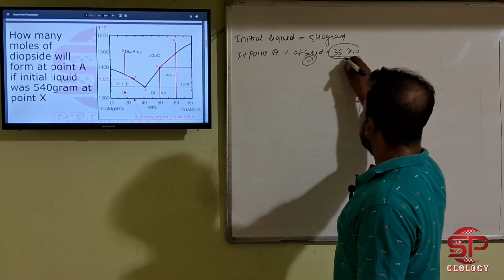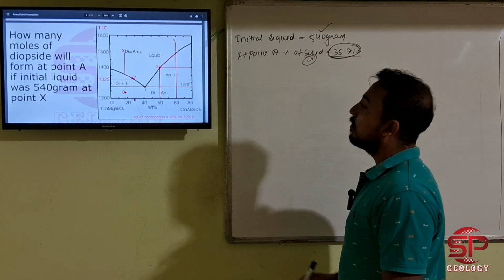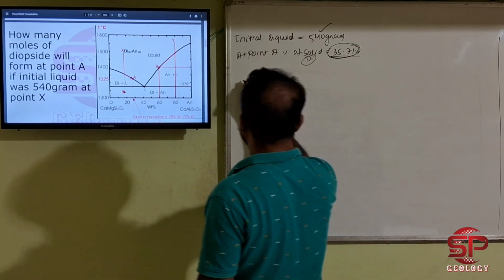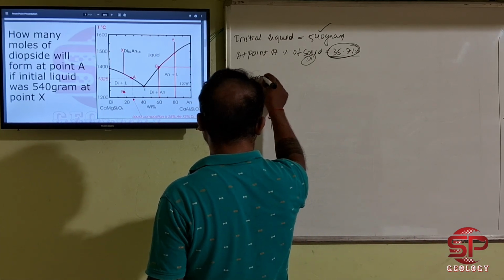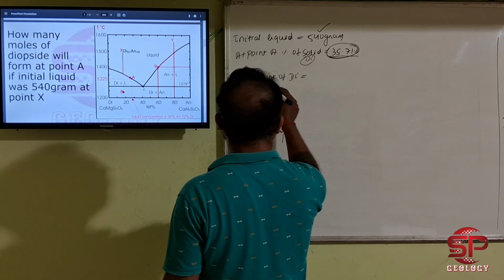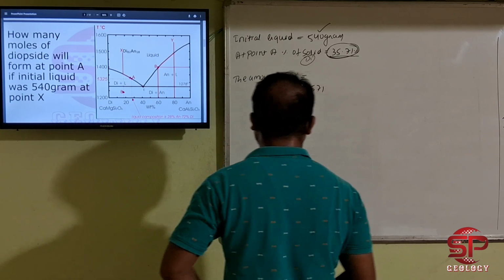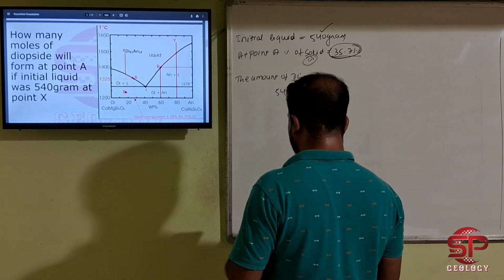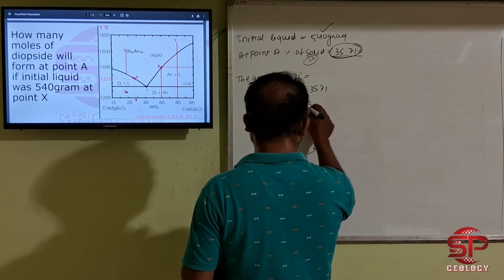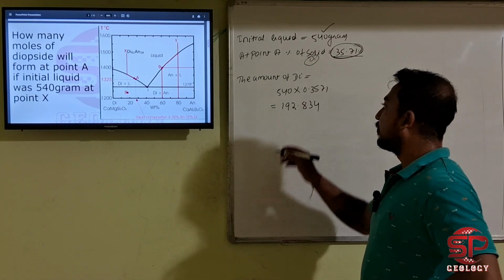So from the initial melt, 35.71% is your diopside. I have to calculate the amount of diopside. The amount of diopside is 540 into 0.3571, so it is 192.834 gram.